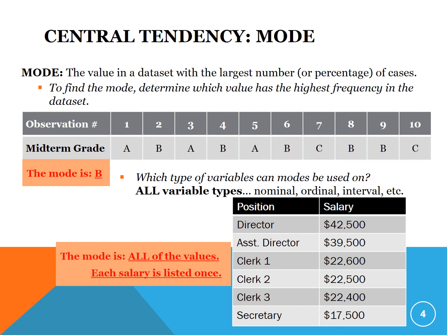We know that A's are higher than B's, and B's are higher than C's, and we're rooting for an A. I'm rooting for an A for you, right? For your midterm and your final course grade. So there's order to the midterm grade. There's also order to the salary variable, but it's very specific here, so we can call it an interval level variable.